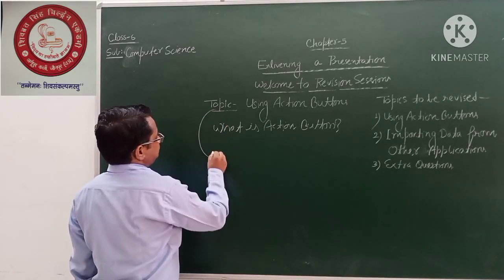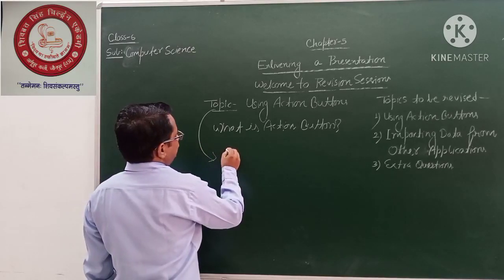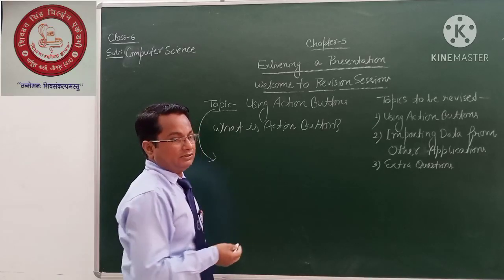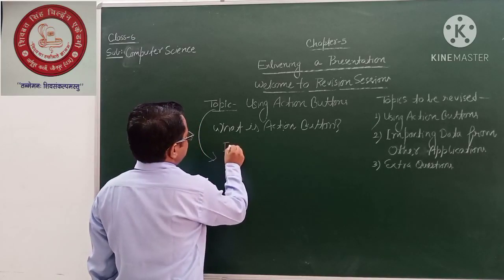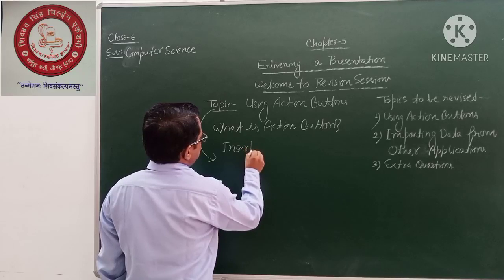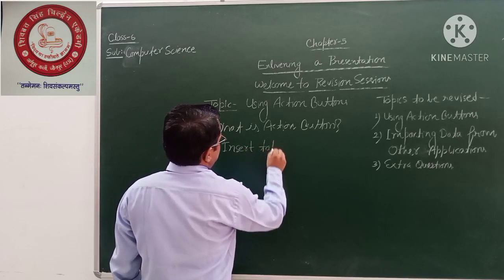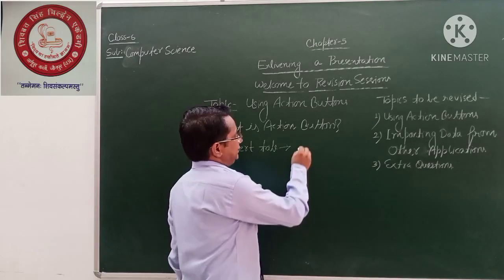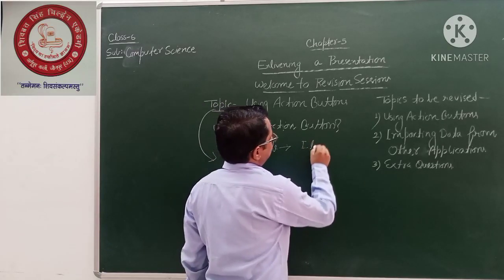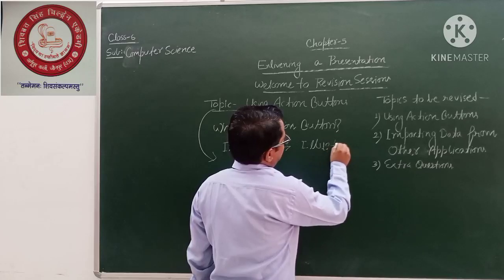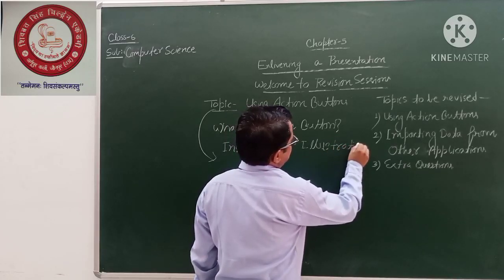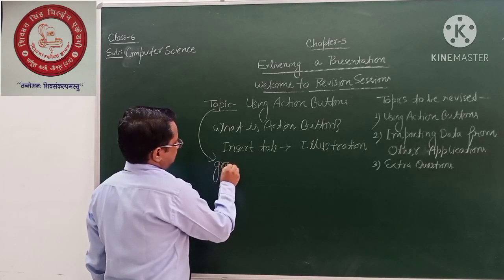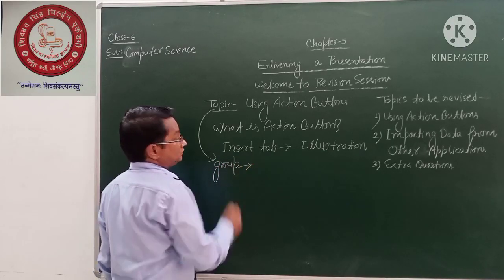For this, first we are going to check where the action buttons are available. First of all, go to the Insert tab. Once you go to the Insert tab, there is one group called the Illustrations group.